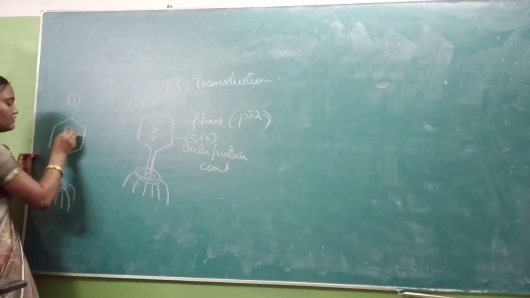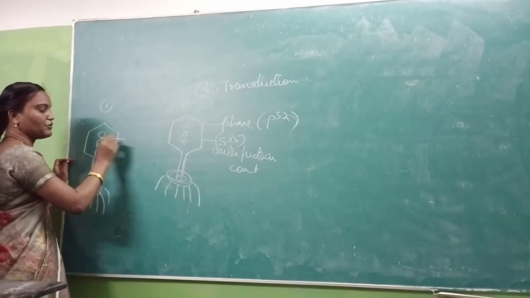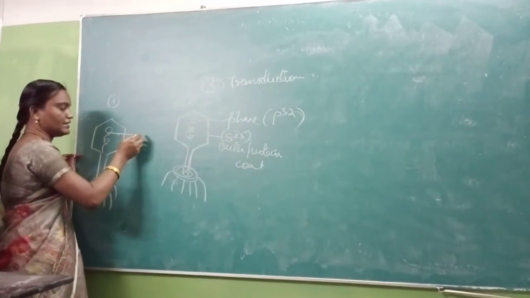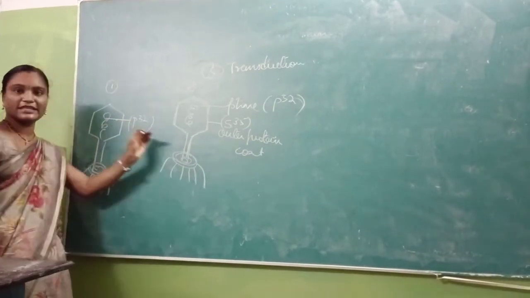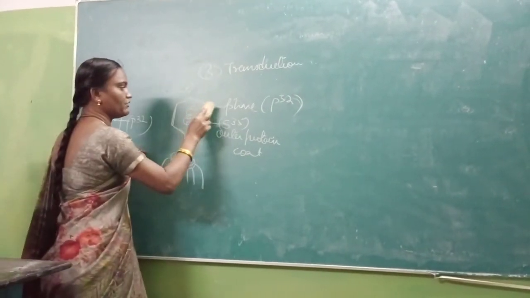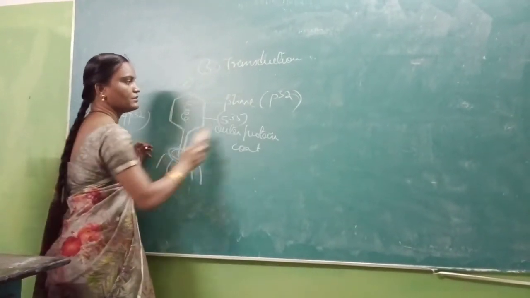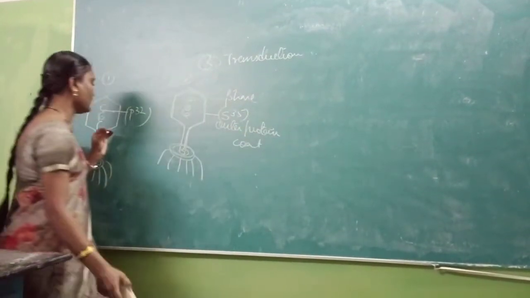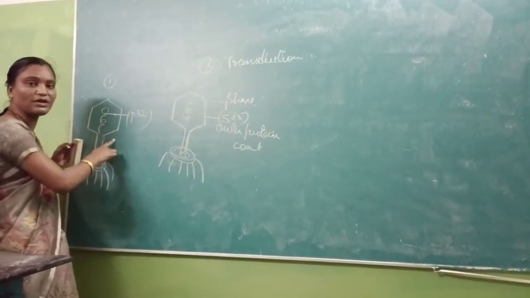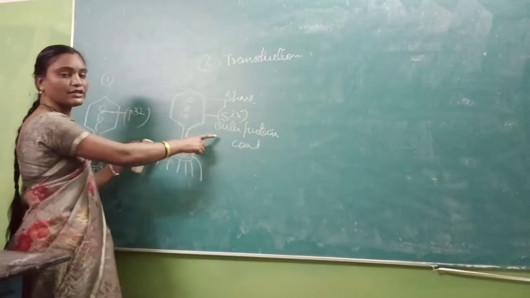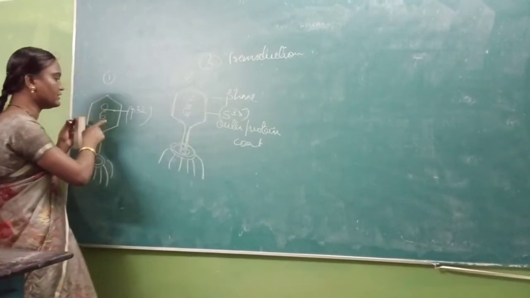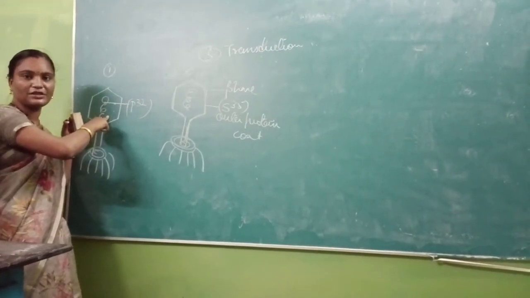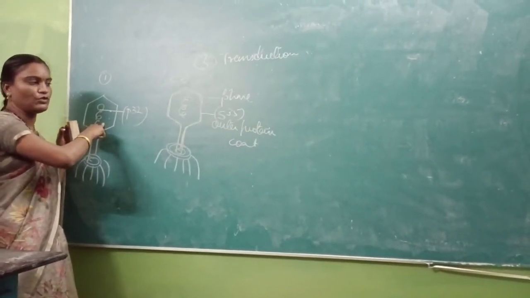You can radio-label the first bacteriophage's DNA with P32, and the second bacteriophage's protein with S35. So here this is normal protein, and this is radio-labeled outer protein, and this is normal phage DNA, and this is radio-labeled P32 phage DNA.